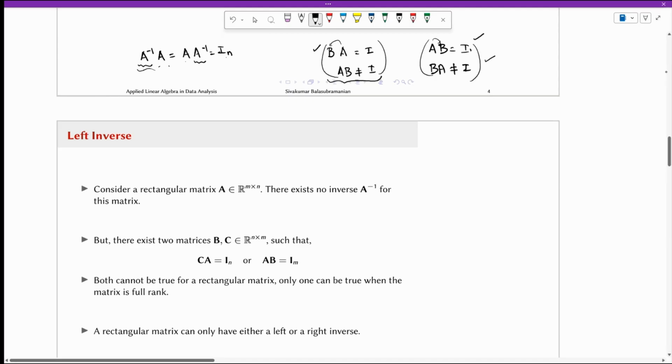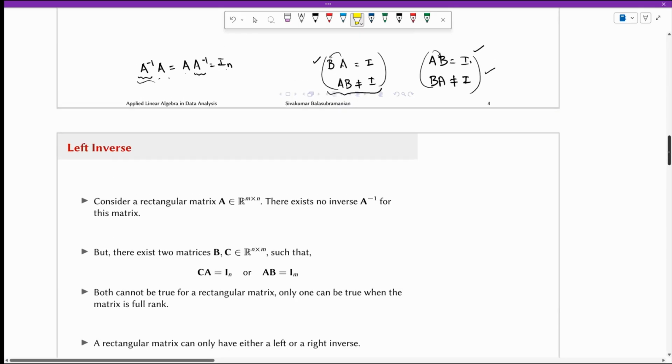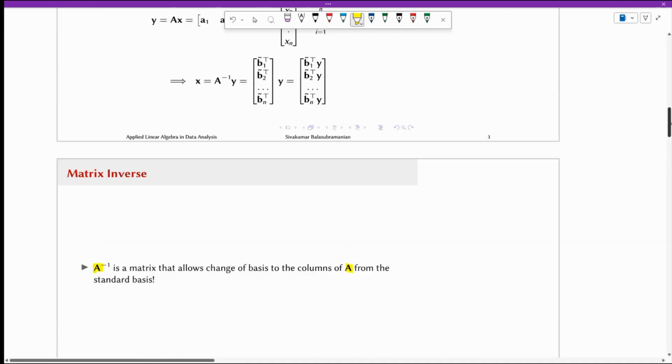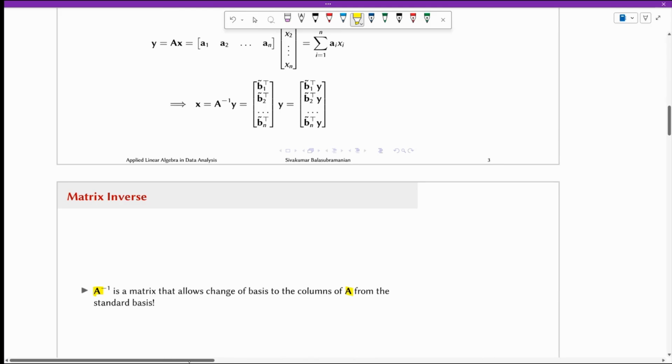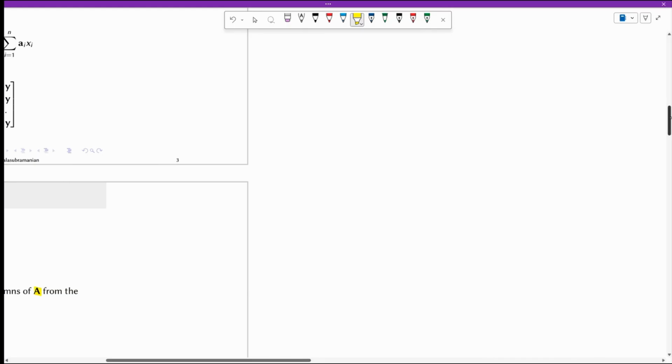So now we talk a little bit about left and right inverse. Maybe before we go there, we'll do one or two numerical examples with basis change.